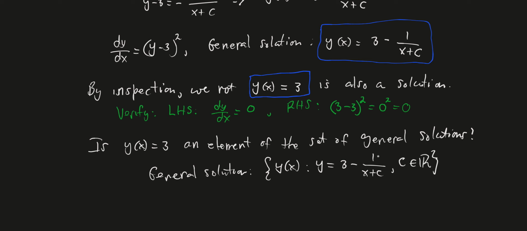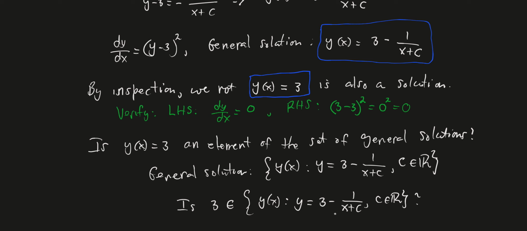So what this question is asking us now is, is 3 an element of this set? Is it a part of the general solution, or is it some, I don't know, strange stepchild or something? I have no idea. Shouldn't have said that. But anyway, so that's the question.